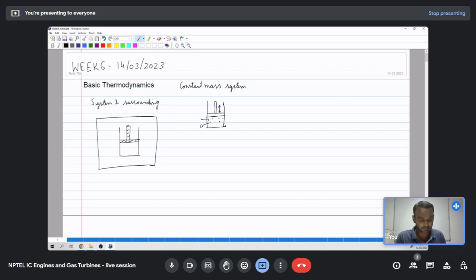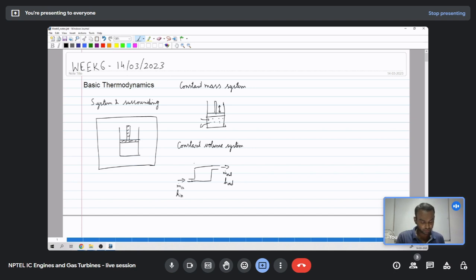So this kind of system is called constant mass system, and we have a different system called constant volume system. A typical example is a pump or a turbine where fluid keeps going in, represented by m dot in, and fluid also goes out, represented by m dot out, with an enthalpy in and enthalpy out.